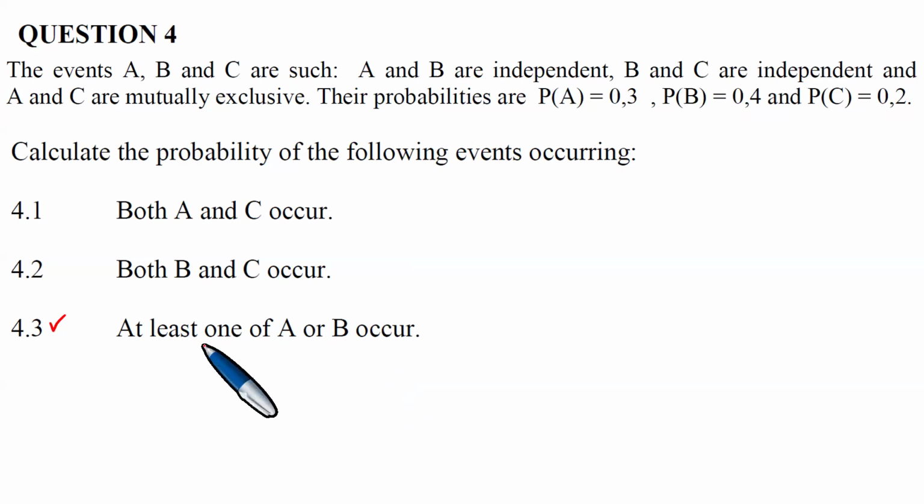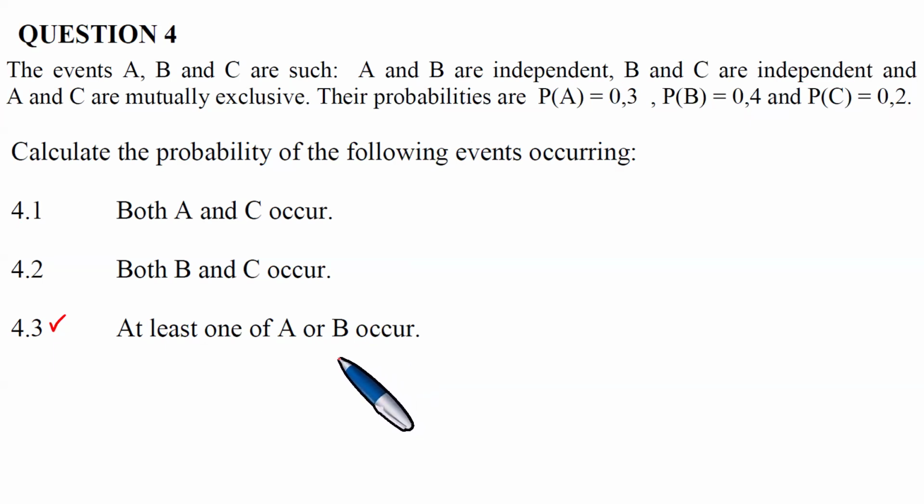Obviously, at least one of A or B, or both, occur. So now, what do we do here? What formula do we use for this particular question?